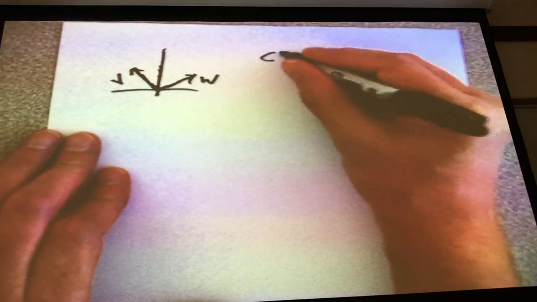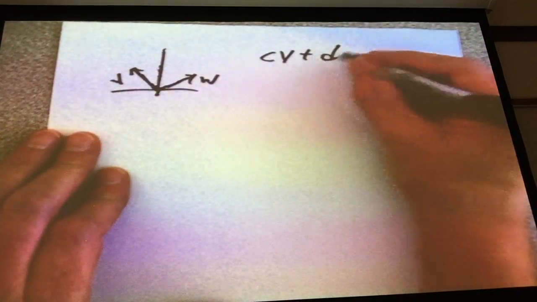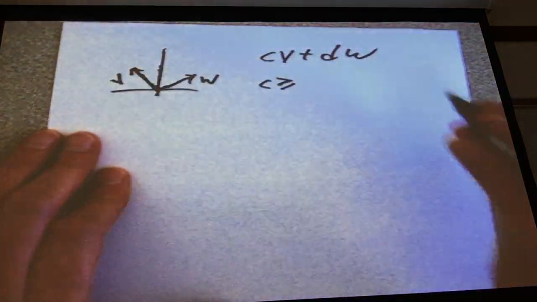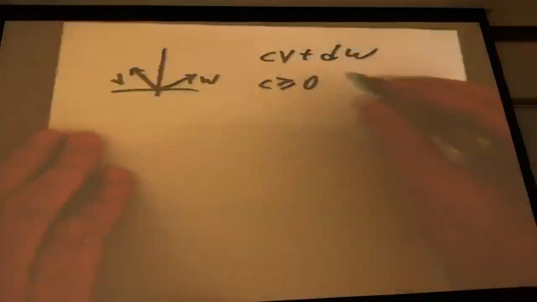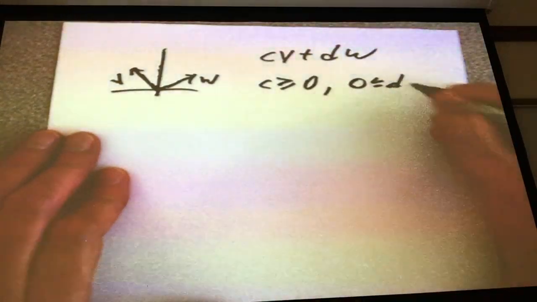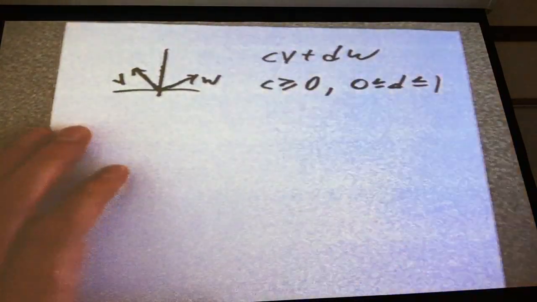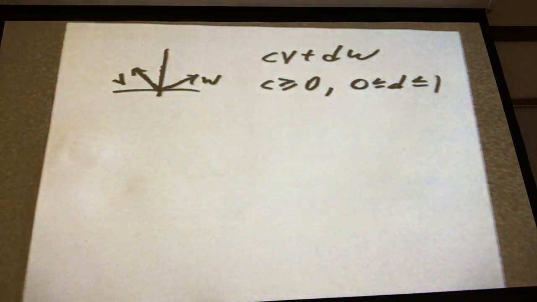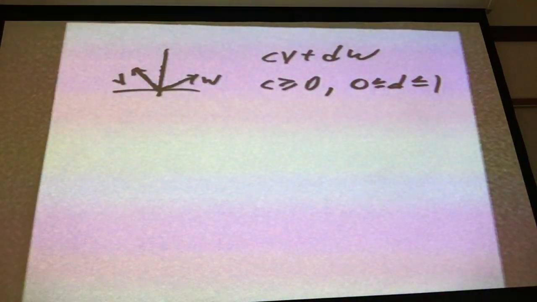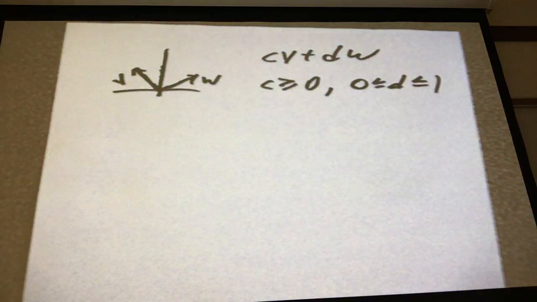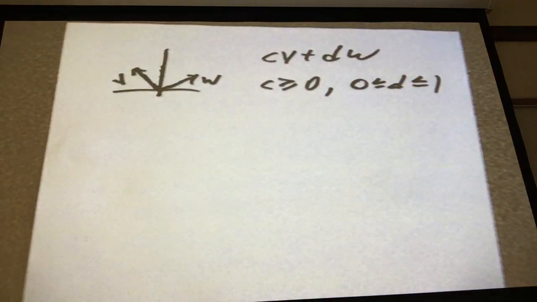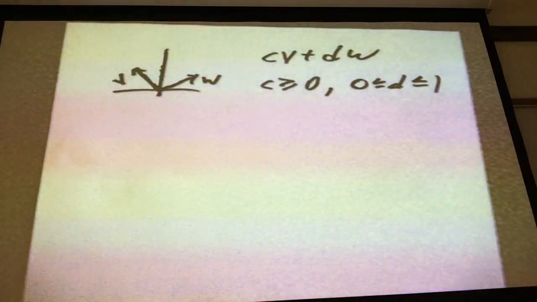we're going to look for CV plus DW where C is going to be greater than or equal to 0. And 0 is going to be less than or equal to D, which is going to be less than or equal to 1. So C can grow as much as you want. C can also shrink V, okay? And so C is just going to grow greater than or equal to 0. Okay, fine.